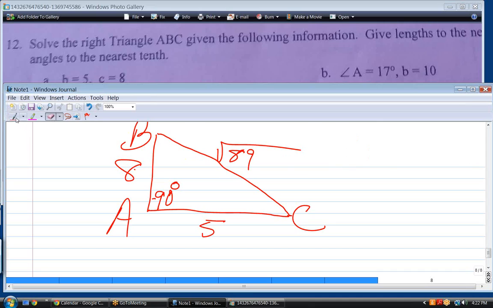So tangent equals what? 5 over 8. Okay, so how do you get B?